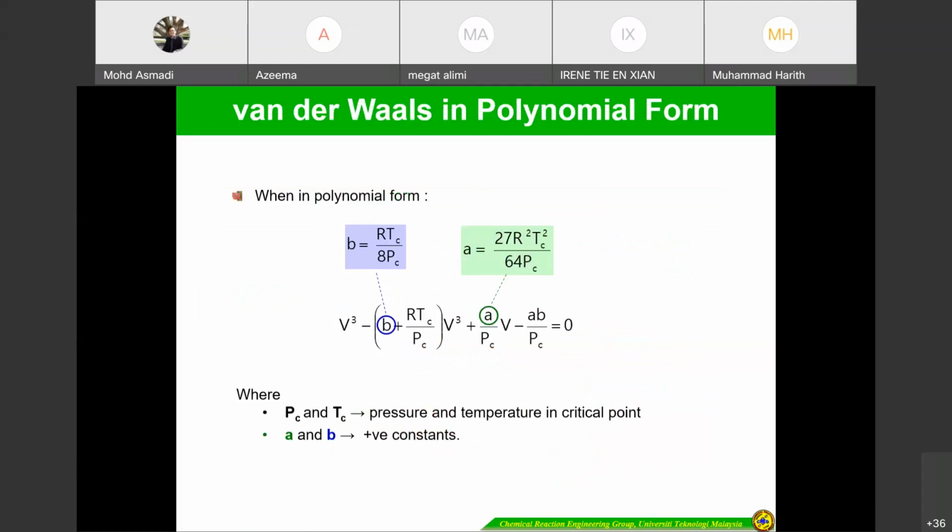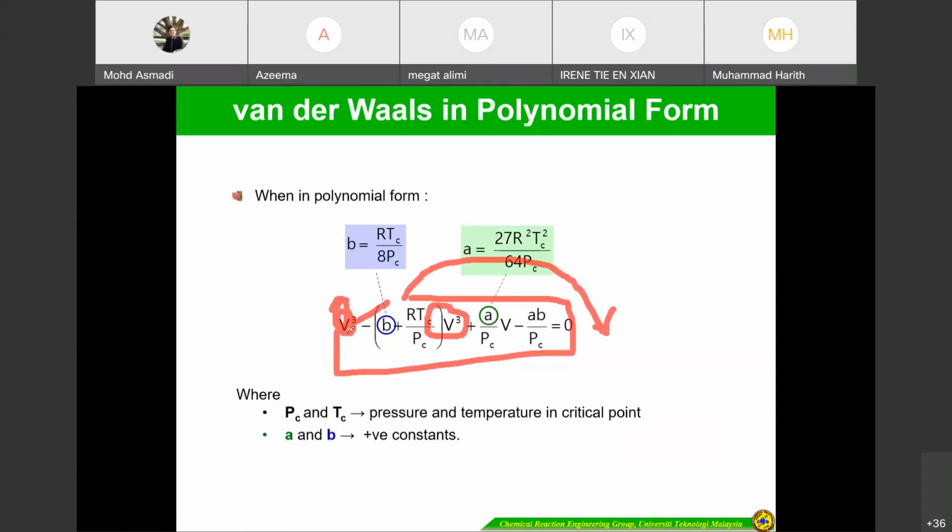What you have to do similarly, because this one is in terms of volume, in terms of polynomial, once we substitute this one, you have to bring it to the right side and do the iteration to calculate the volume, just like you did before with the virial equation, because you can see there is a V to the power of 6, not 7.